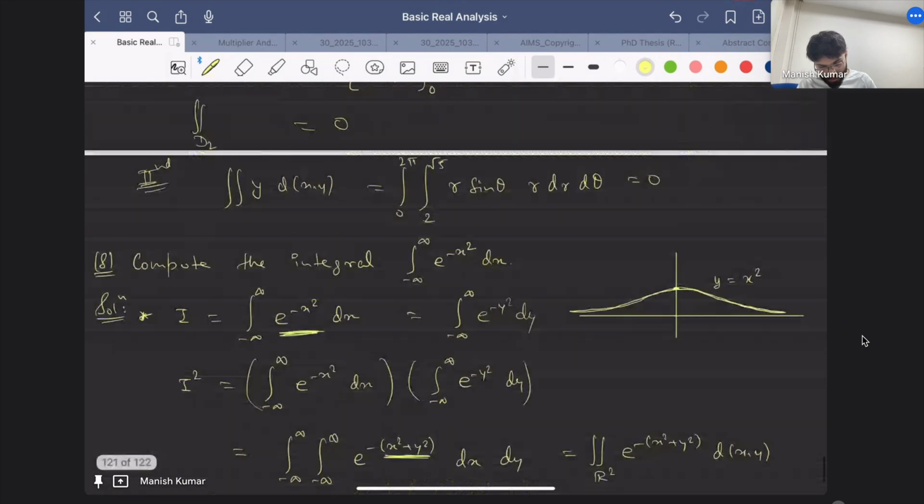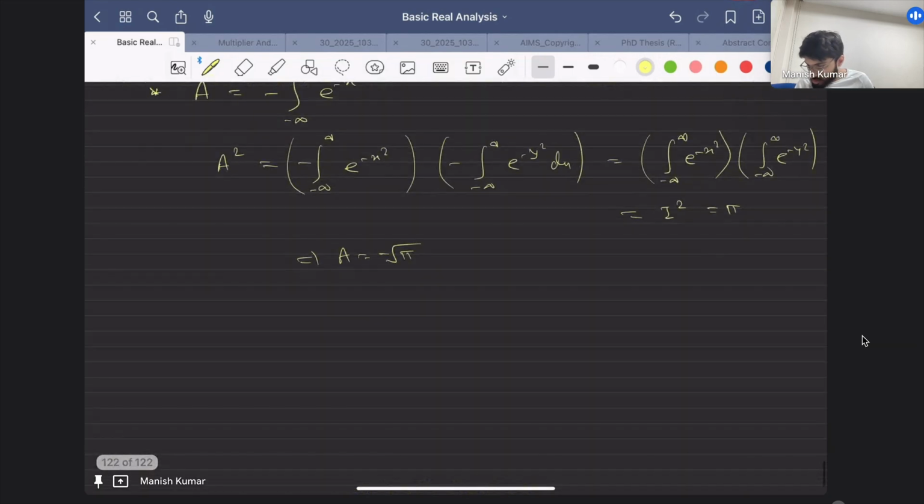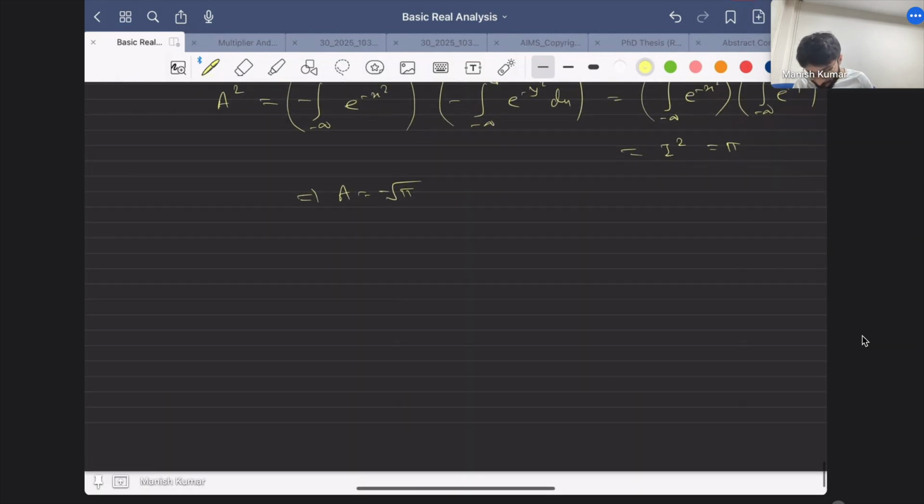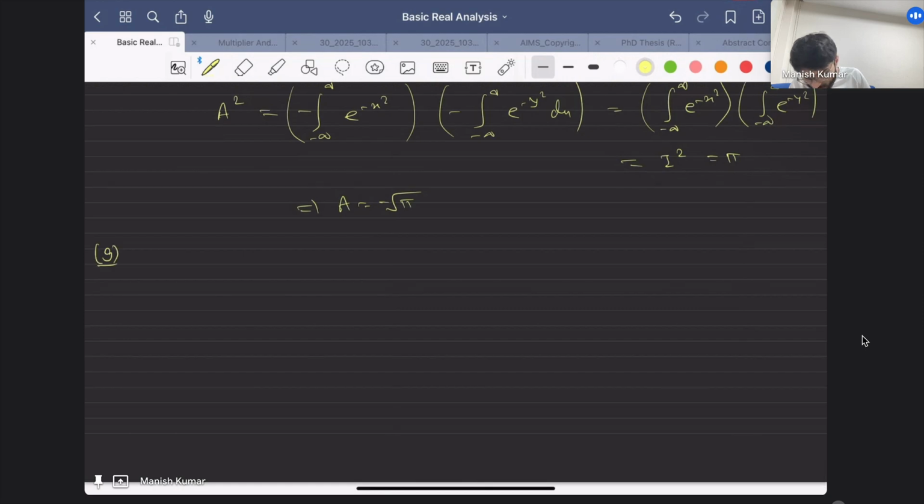Okay, then what else? Let me go to the 9th problem. Okay, where is that? So find the, okay, so this is the first part. I'll draw a figure, find the area of R, where R looks like this.